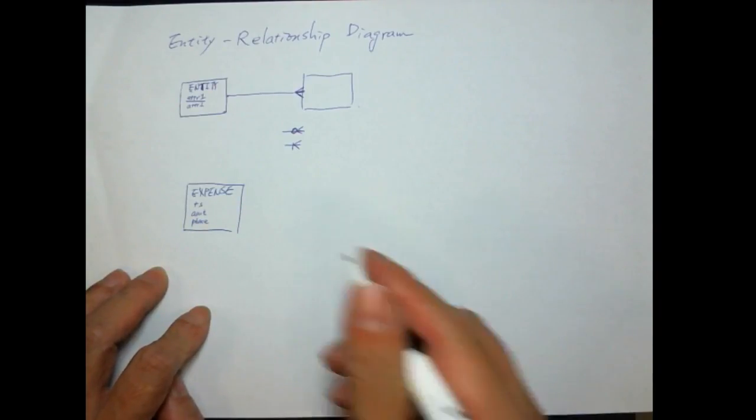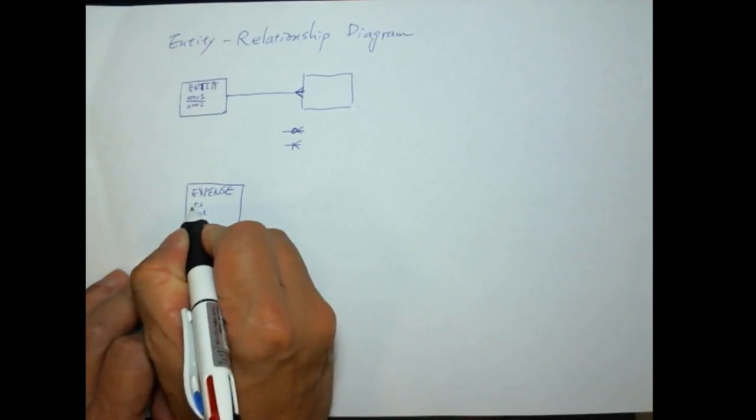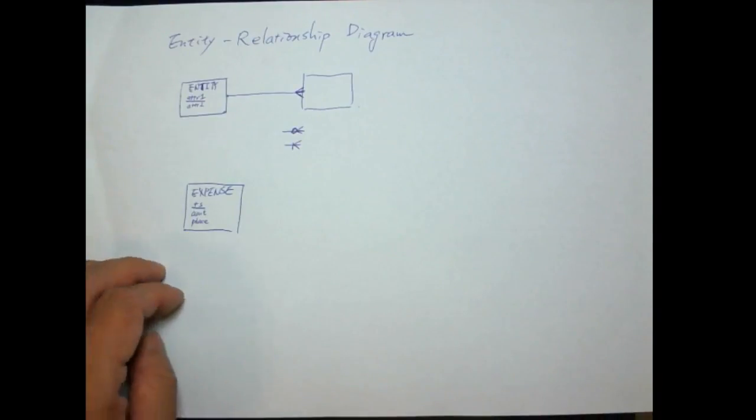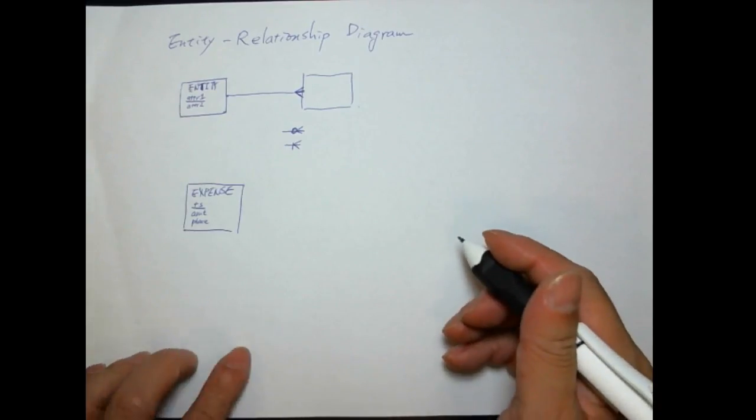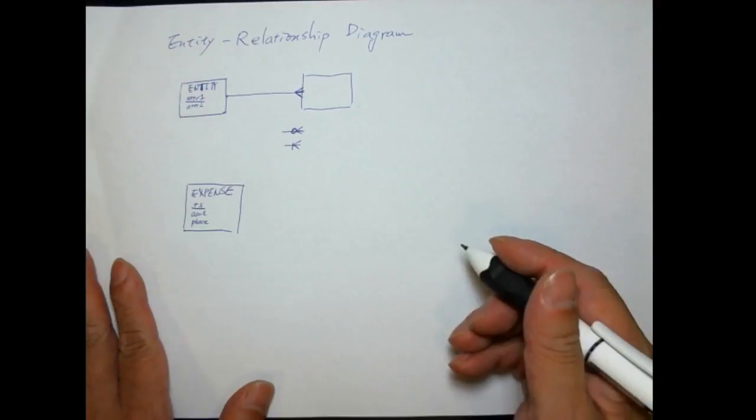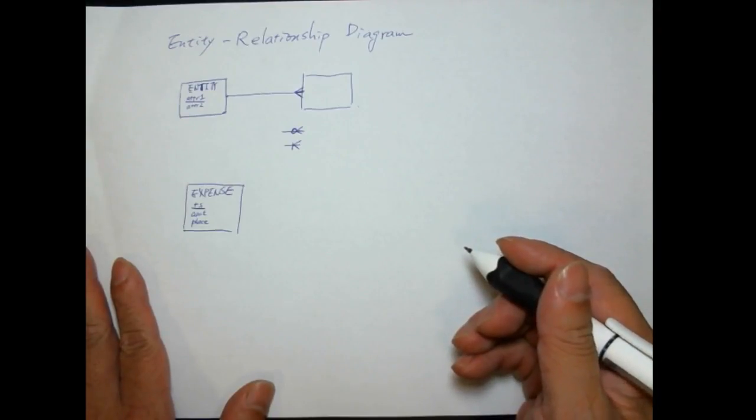So timestamp, amount, and place, and timestamp is the primary key. Okay. Then, given an expense record, we have some additional descriptions. That means the purpose of the expense.